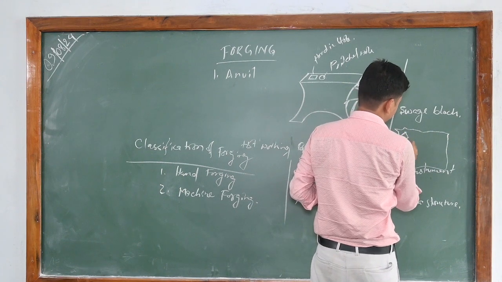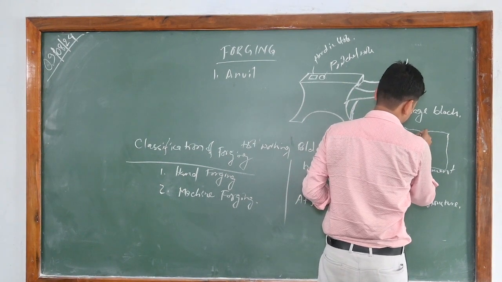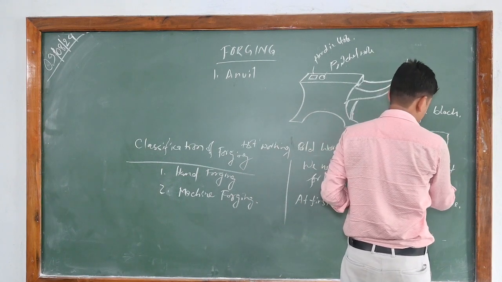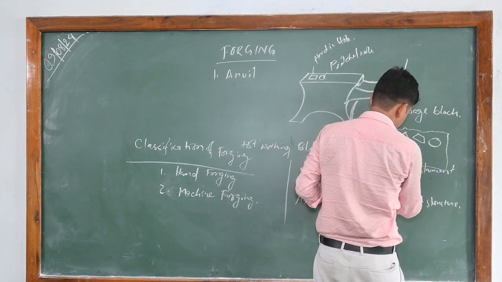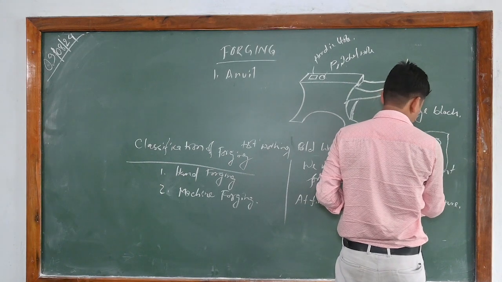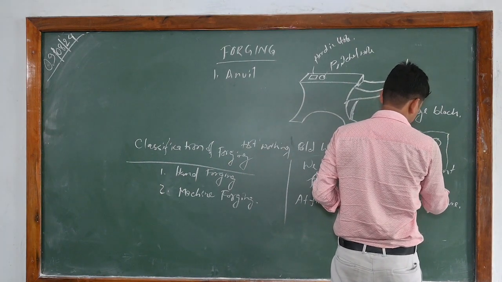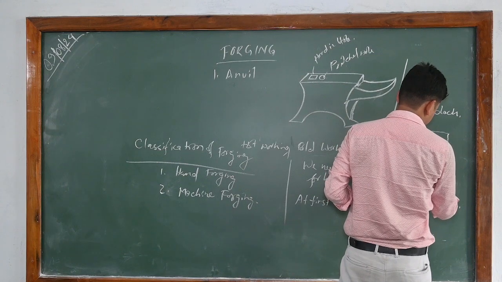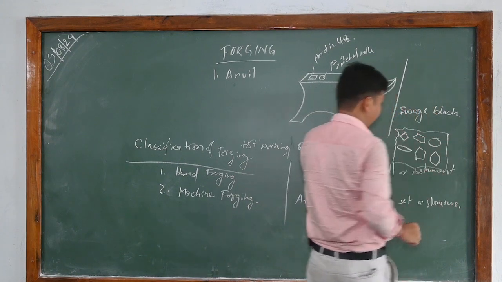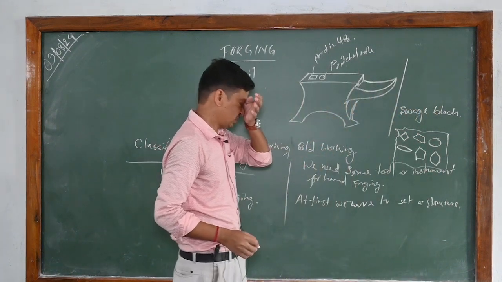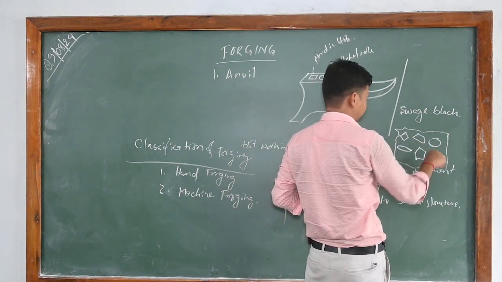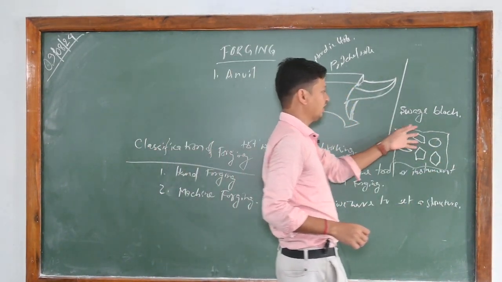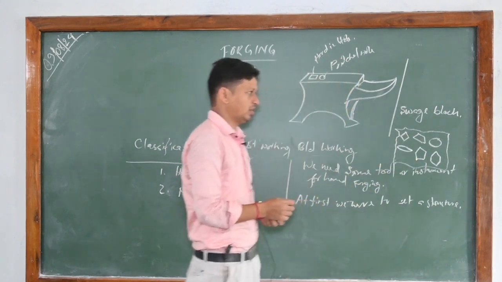It may be rectangle, maybe elliptical, maybe other structures we can see. This kind of structure is also on the swage block. By swage block we can change the head into various shapes.